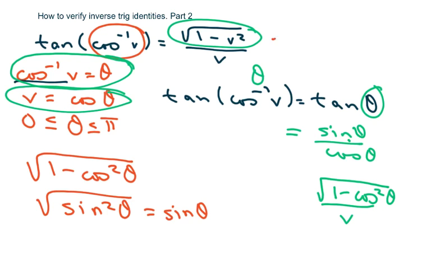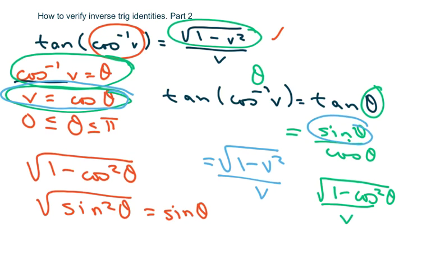So I'm trying to make it look like this. My cosine is v right here, so I have equals square root of 1 minus v squared over my v. Basically, I'm just writing this in terms of sine and cosine.